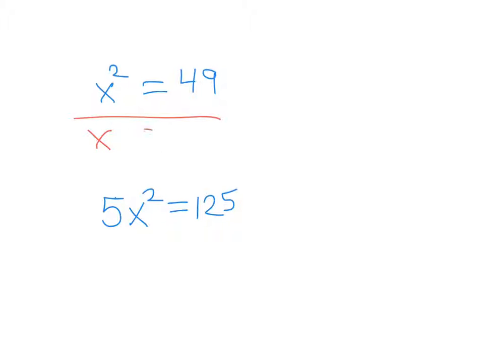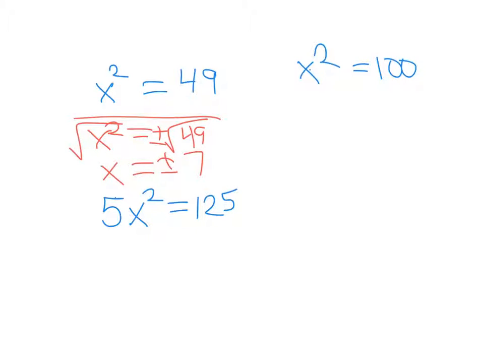So that means I've got to also take the square root of 49. That's going to be both the positive and the negative. Because again, if I'm taking the square root of x squared, that's just going to be x. And then the square root of 49 is going to be plus or minus 7.